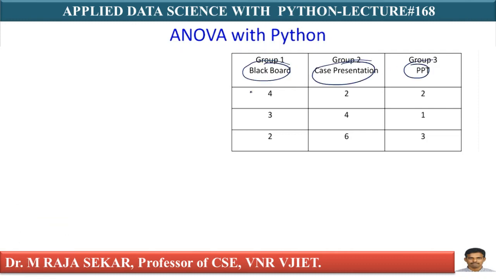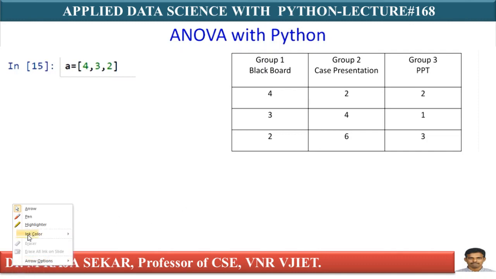We have to say which teaching methodology is more influential on student performance. How can I do it? With the help of Python. It's simple and straightforward. A equal to 432. What does it mean? I am collecting the first group's values.